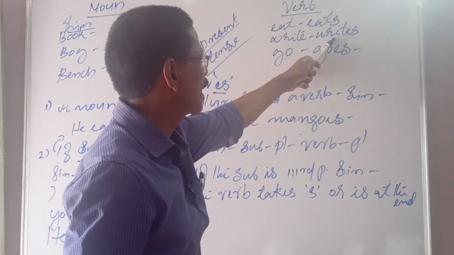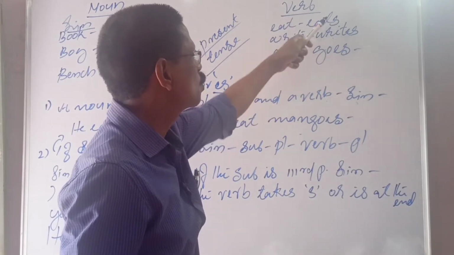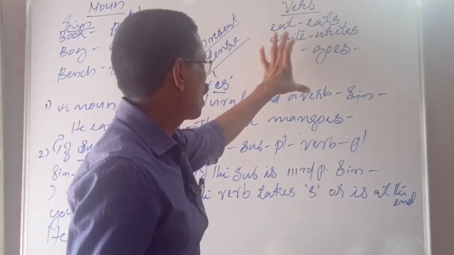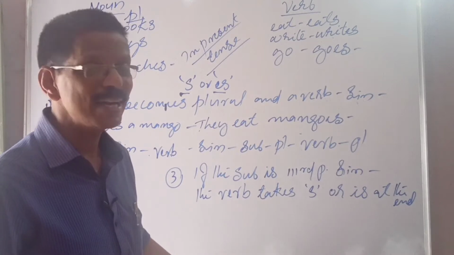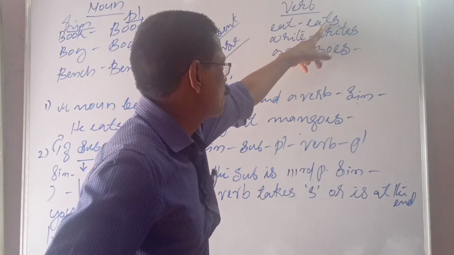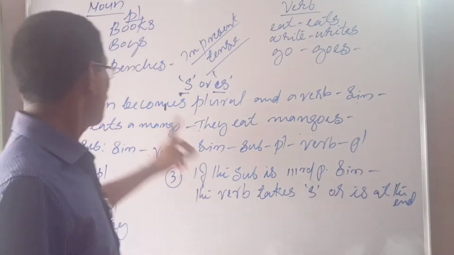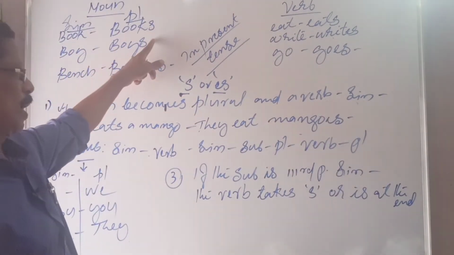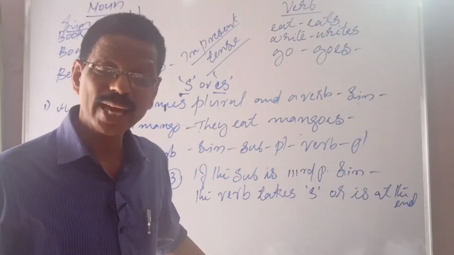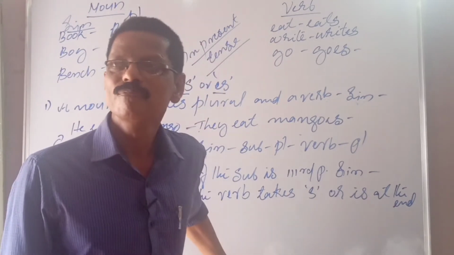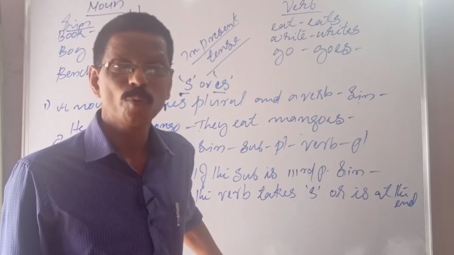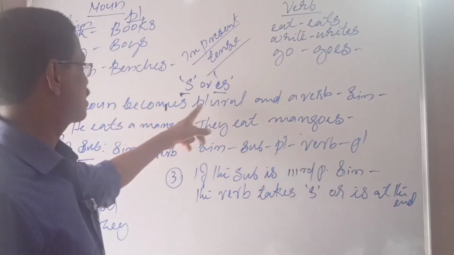Eats, writes, goes, this group is singular. Okay, now? So here, when you add s or es, a verb is changed into singular. Here look, a noun is changed into plural, but a verb becomes singular. I repeat once again, a noun becomes plural and a verb becomes singular when s or es is added to it.